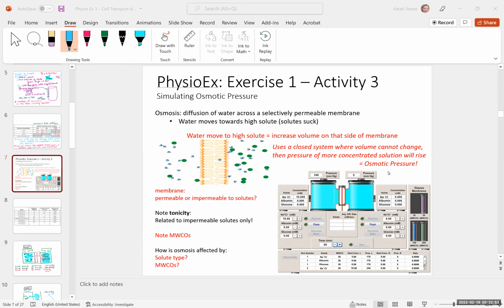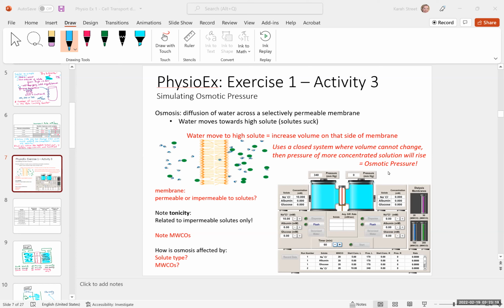We had our 2 chambers again. We again were playing with molecular weight cutoff dialysis membranes. So now we're back to addressing, can the solute move? If the solute cannot move, what will? Water. We started out adding our solutes to the chamber on the left side, and we had water on the right side.